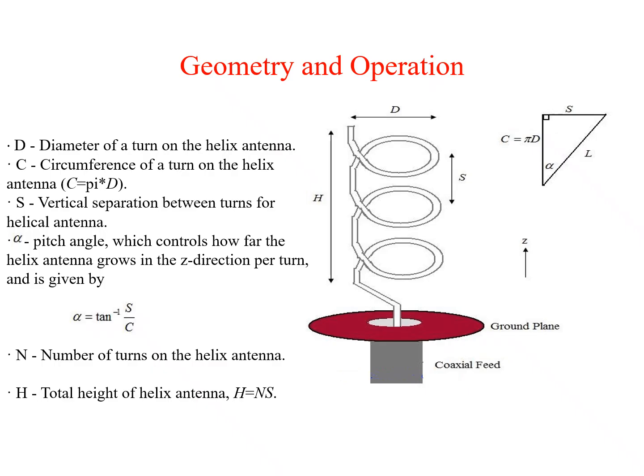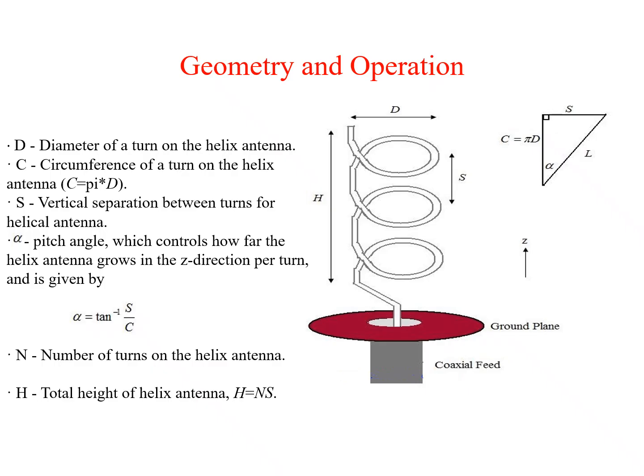If alpha equals 90 degrees, the helix becomes a linear wire antenna. When alpha is between 0 and 90 degrees, it is called a helical antenna.